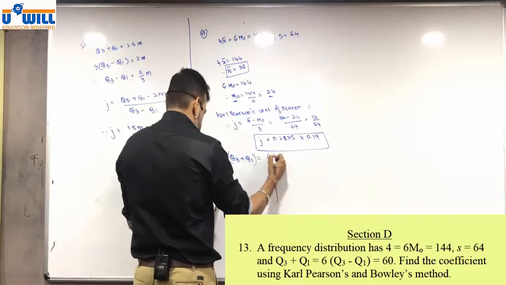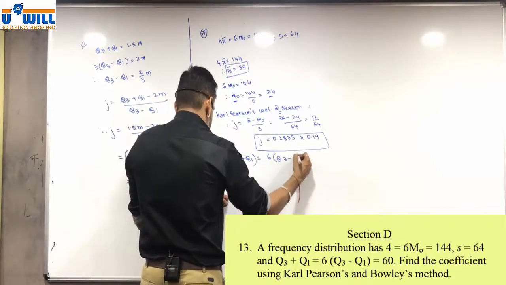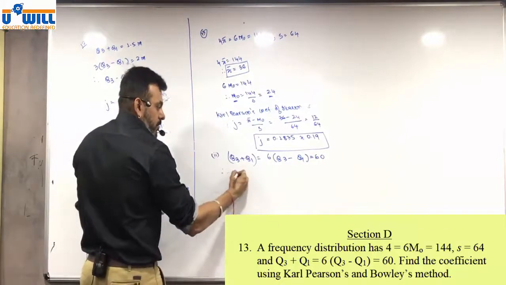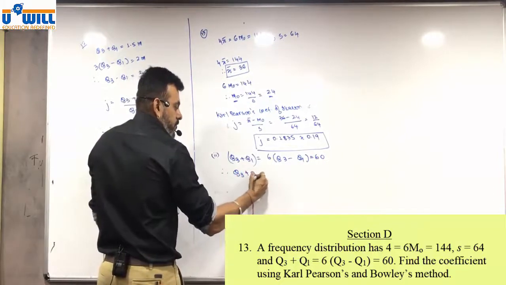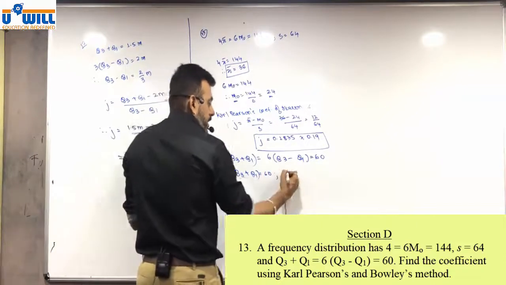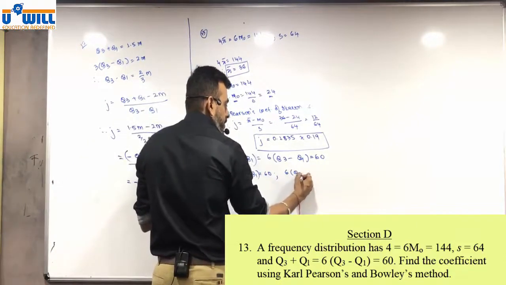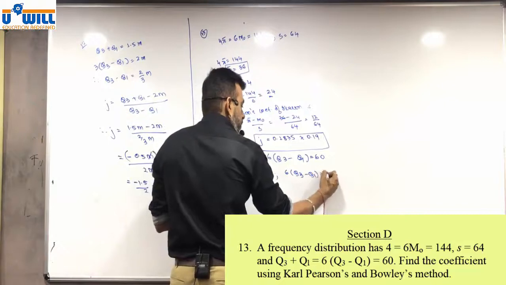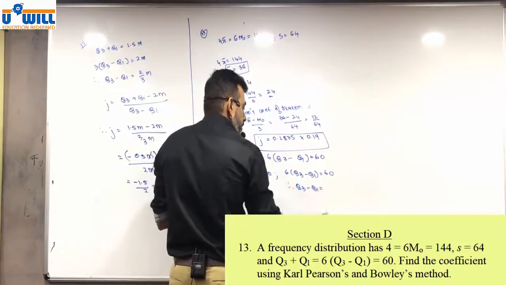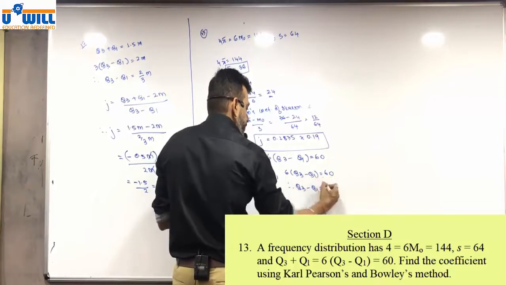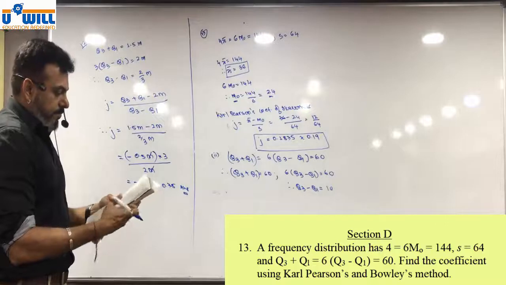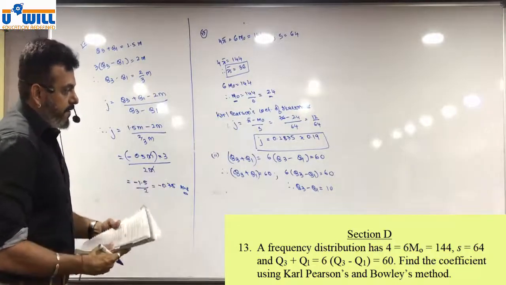Now the second part of this is Q3 plus Q1 is equal to 6 times Q3 minus Q1 is equal to 60. Therefore, Q3 plus Q1 is equal to 60 and 6 times Q3 minus Q1 is equal to 60. Therefore, Q3 minus Q1 is equal to 10. Now, what else do we need?